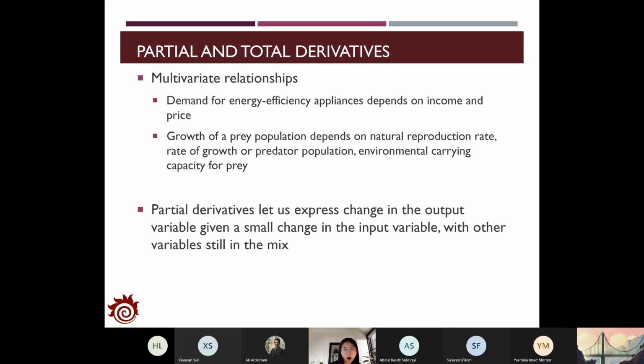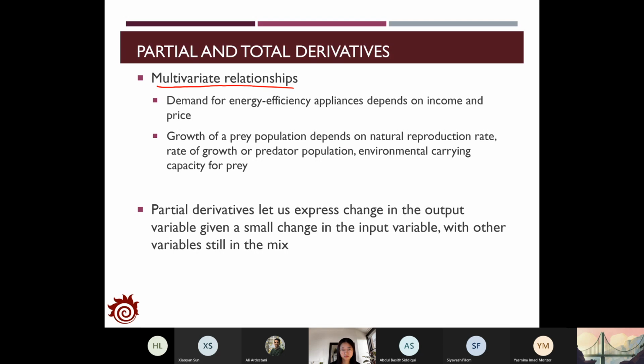And in that sense, when we are introducing calculus, we need to think about the partial derivative, which is the derivative with respect to one specific variable, and the total derivative, which is the derivative with respect to all the variables. Before we dig into that area, we want to learn the definitions of the multivariate relationship, which shows the output as a function of multiple variables.